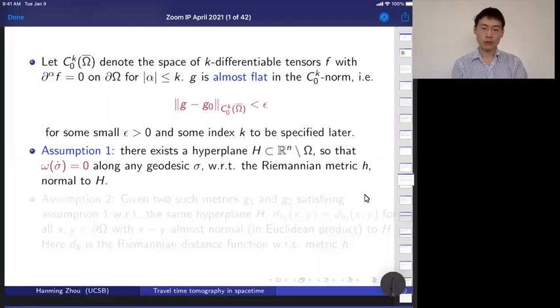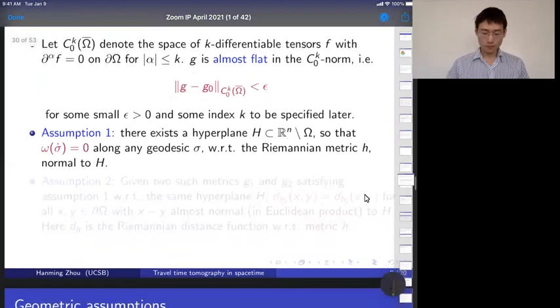Assumption one says that there is some hyperplane outside this cylindrical domain, and for all the geodesics which are normal to this hyperplane, where the geodesic is a Riemannian geodesic with respect to this Riemannian metric h, this one-form is orthogonal to all such normal geodesics to the hyperplane. We'll give a remark later on why we impose this condition.